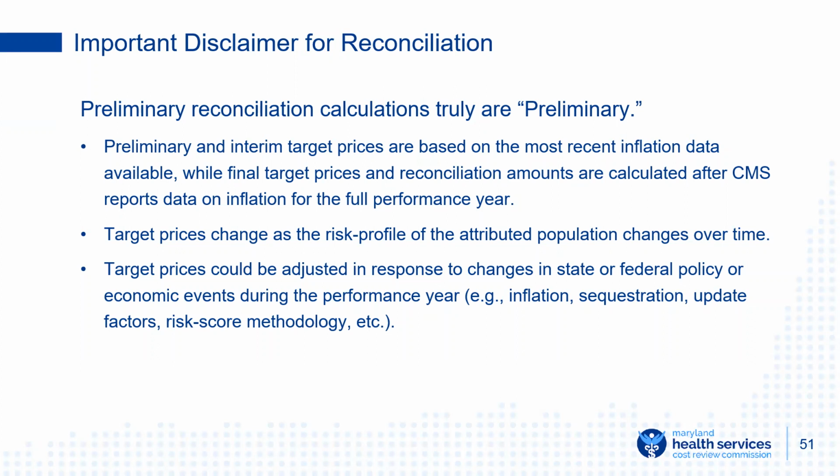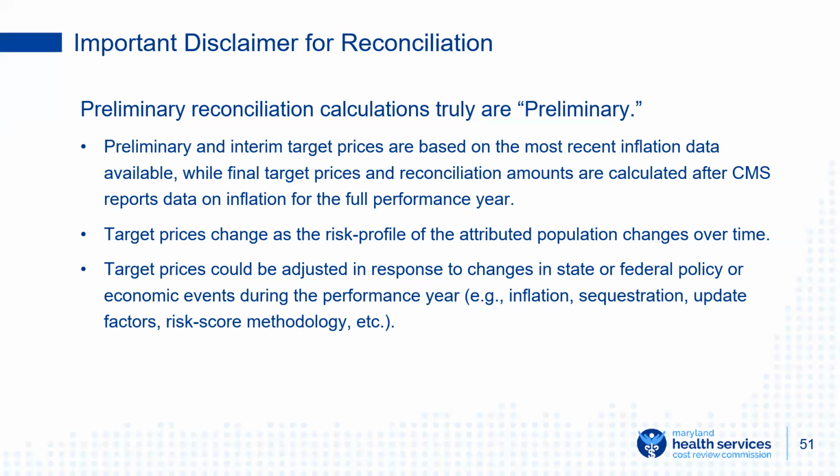So we do want to make sure that we're providing data as quickly as possible to participants who want to take advantage of it. But we do caution about drawing too many conclusions about the preliminary data, especially early on, knowing that it unfortunately takes a while for claims to make their way through the system and for the final data to arrive so that we can process it.